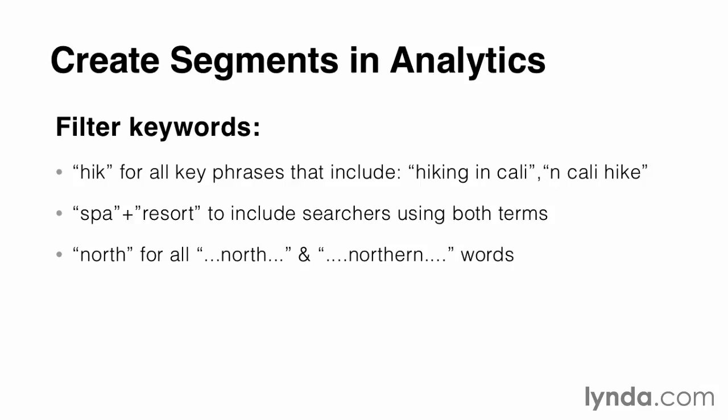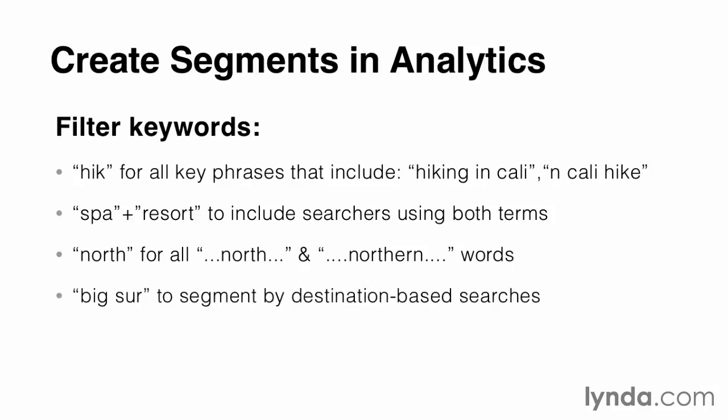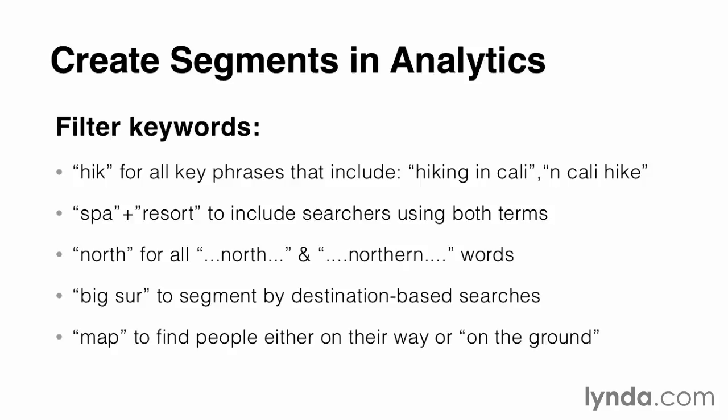That way I can capture everything that had to do with north. Or I can do a specific location to see all of the destination-based searches. Another filter that I will do for keywords is the word map. Especially for tourism websites, that lets me know who's on the ground, who's looking for directions, because when people are searching for maps, they're either on their way or they're there already.